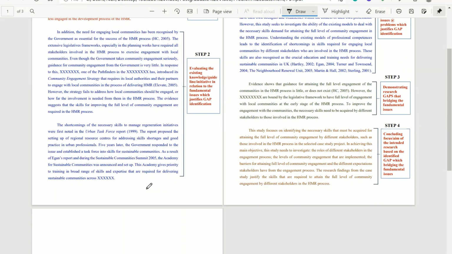So actually the initiative for the necessary skills to engage the community has been there as early as 1999. So what happened to the report? There must be something with the report.